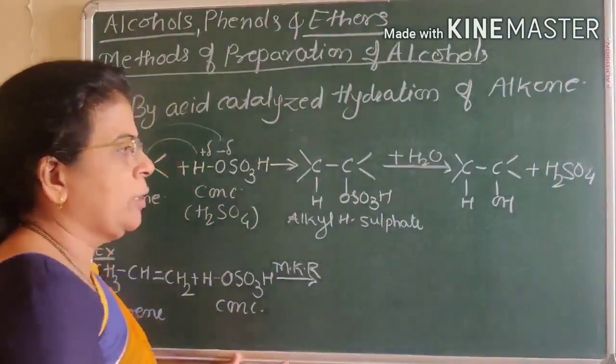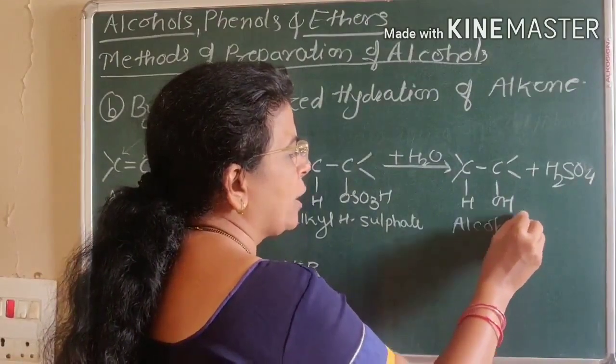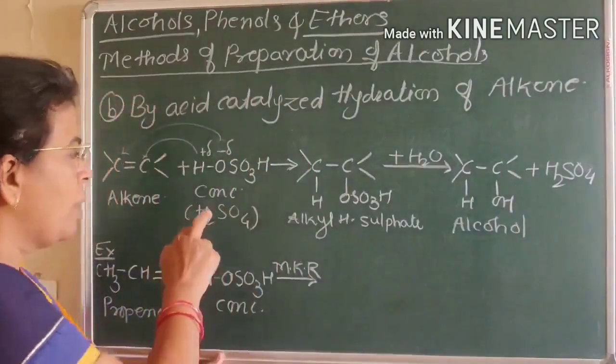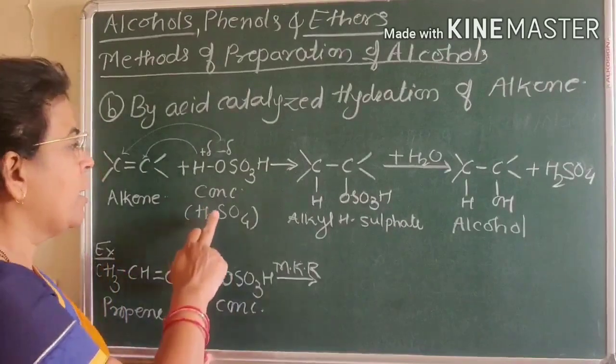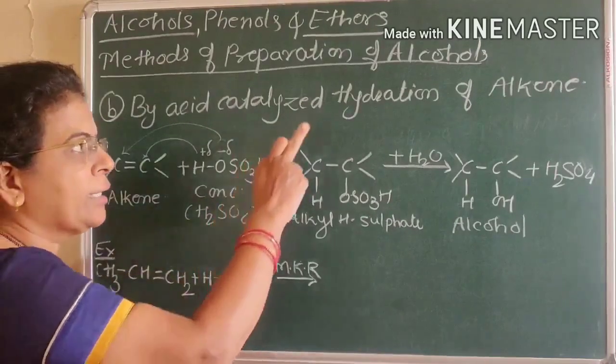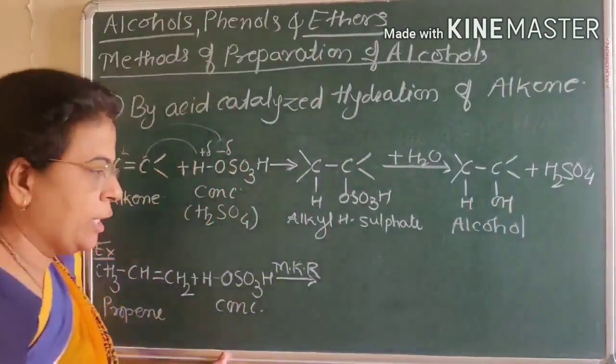In this reaction, alcohol is formed. That is, addition of a water molecule is carried out across the double bond, but in presence of concentrated H2SO4, and here H2SO4 acts as a catalyst which is regenerated at the end of the reaction.